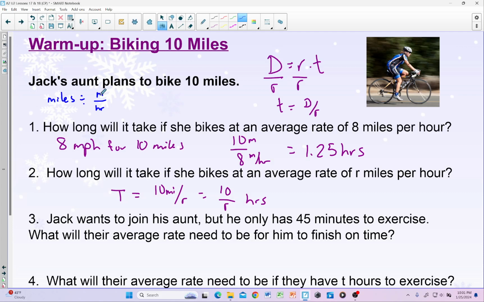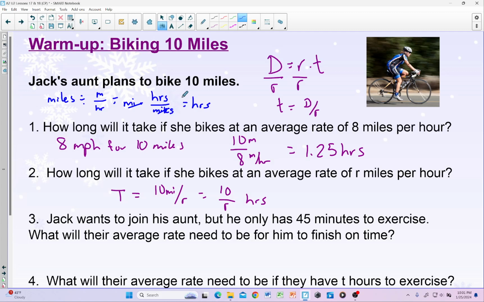When you divide a fraction, it's the same as multiplying by the reciprocal. So this is going to equal miles times hours over miles. And the miles cancel out, and you're left with just hours. So it does work. So we are left with 10 over r hours in that case.